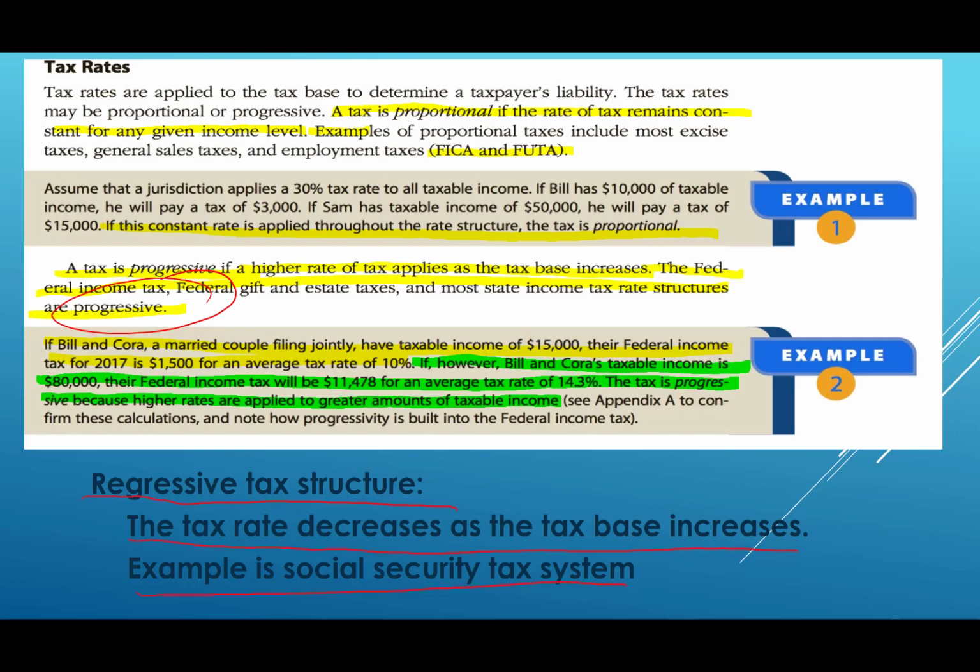Okay. Now, a regressive tax structure, the tax rate decreases as the tax base increases. And so when we look, we talked about the FUTA tax, the Social Security FICA tax, I should say. FUTA is federal unemployment tax. The FICA tax is proportional up to a point.